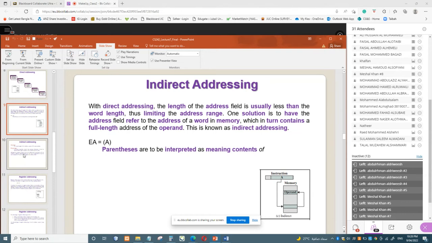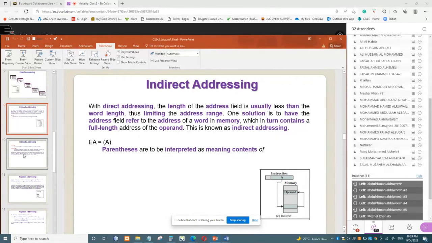Out of 32 bit, you cannot use all 32 bit for referring to one of your operands in the main memory, because nowadays our main memory is so big that the address for one byte is 32 bit, but your instruction is also a total of 32 bit. So how can you refer to a memory location containing one of your operands when that memory location address is 32 bit? You cannot specify that in your instruction. So that's why nowadays there is no direct addressing.